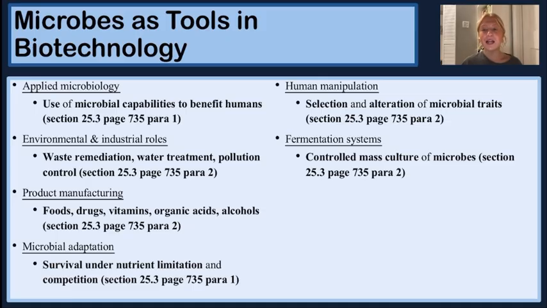A major way this happens is through fermentation systems. These involve a large scale and controlled culture of bacteria or yeast, molds, or algae, and they consistently produce the desired compounds. So these are used a lot.